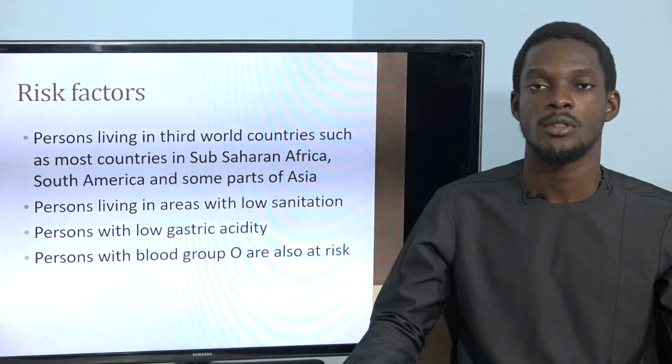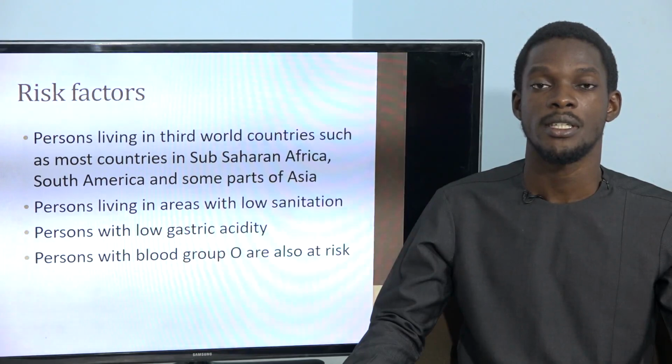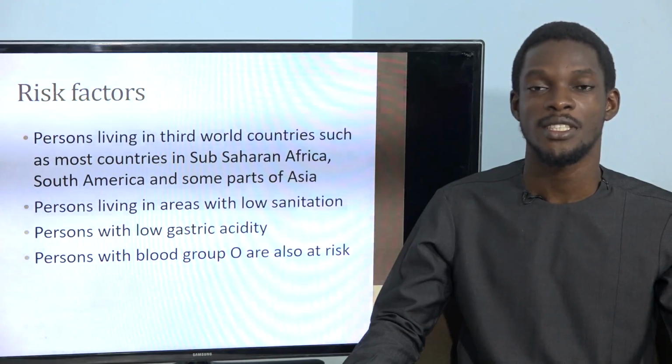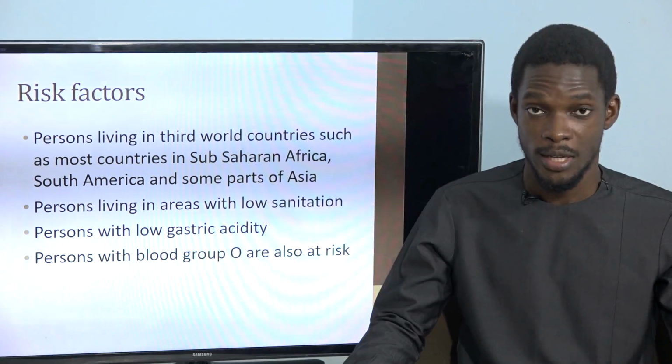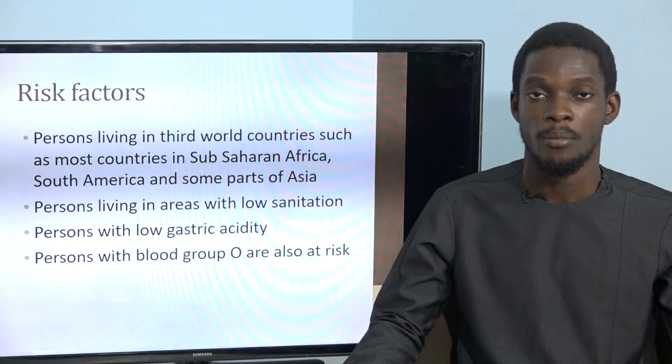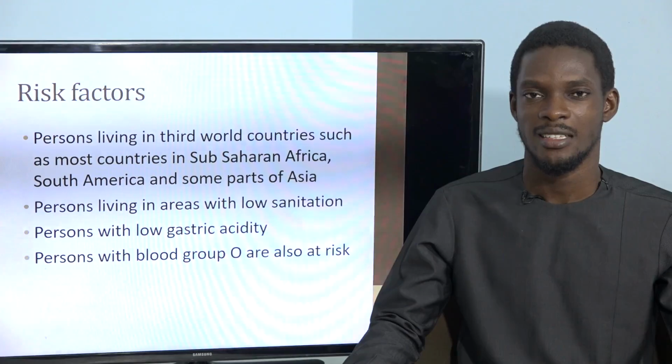Persons living in areas with low sanitation, and this makes a lot of sense, because people who live in areas with low sanitation are at most risk of coming into contact with feces or water contaminated with feces. People living in highly sanitary environments can also come into contact with the bacteria. But the difference is that proliferation of the bacteria in such environments may be less likely to occur because of sanitary standards.